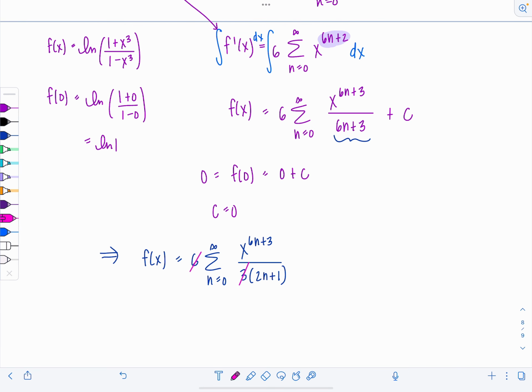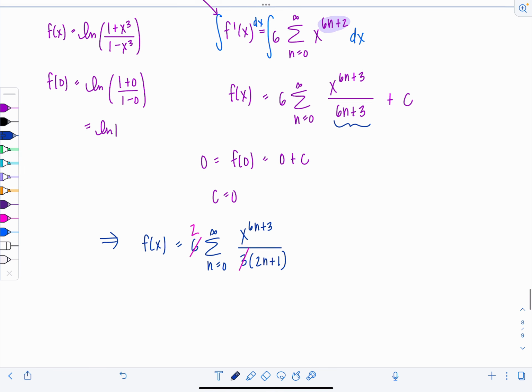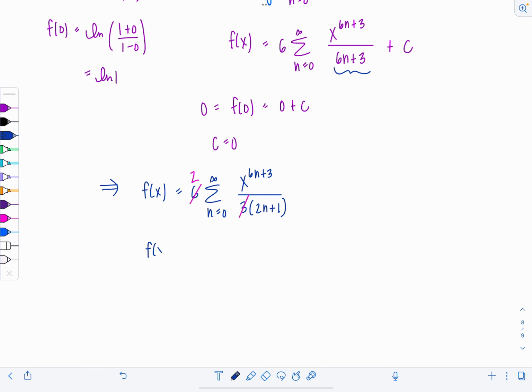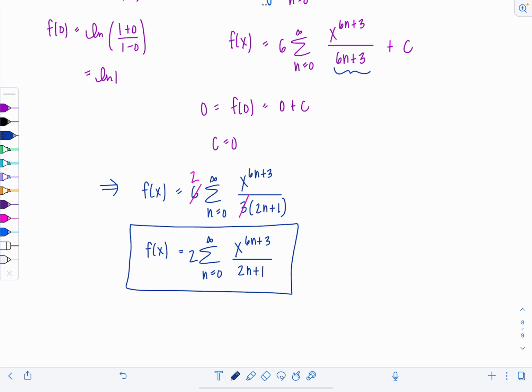And I just have a 2 here now. Wow. So f of x equals the sum, n equals 0 to infinity. Where'd the 2 go? It's right there. x to the 6n plus 3 over 2n plus 1. All right, there you go.